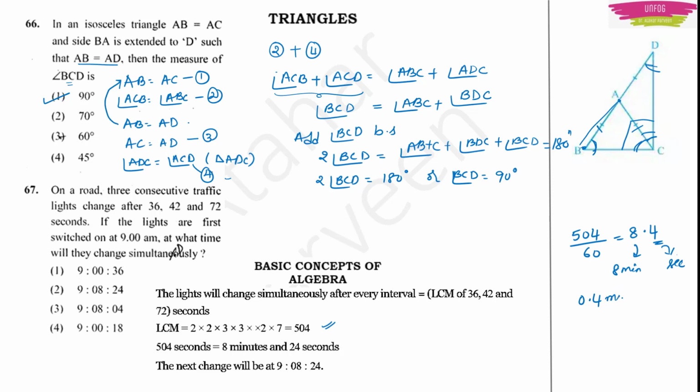This is actually in minutes, right? 0.4 minutes. So 0.4 into 60. It will be 24 seconds. So if you convert it, you will get 8 minutes 24 seconds. 8 minutes 24 seconds is in option 2. So option 2 will be the right answer.